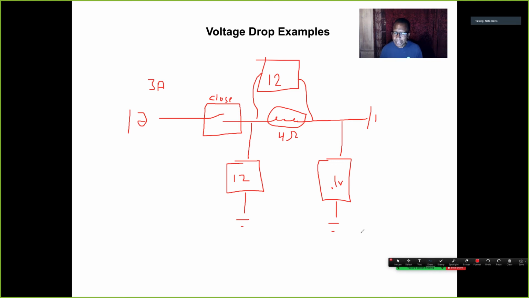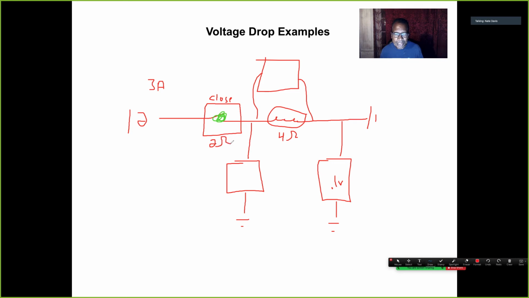Now, let's say we don't have a clean circuit. We have high resistance in the feed side. The contact points are corroded. And for this example, let's say corrosion is 2 ohms.